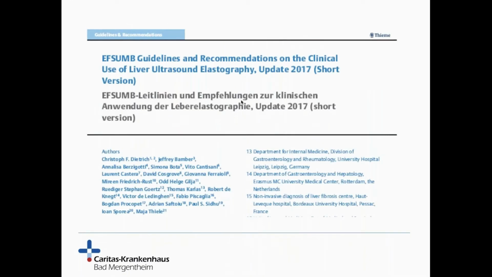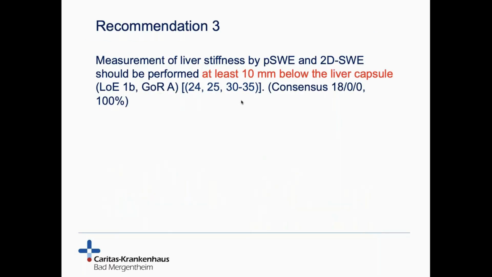Then this has been summarized in the EFSUMB, European Federation of Societies for Ultrasound in Medicine and Biology, guidelines, which you can freely download from the EFSUMB and WFUMB, World Federation for Ultrasound in Medicine and Biology, websites. I will give a few recommendations.